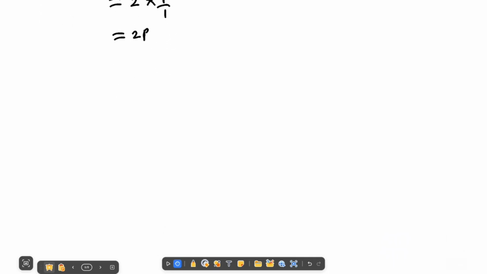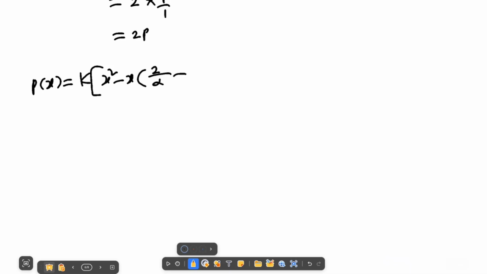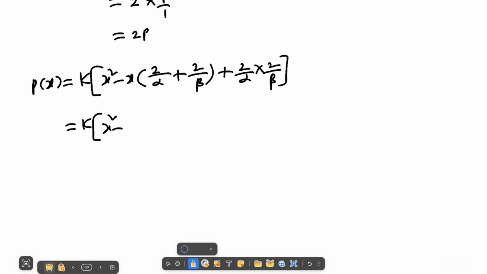So what is the formula to write the quadratic polynomial? P of x is equal to k, some constant, times x square minus x times the sum of the zeros, 2 by alpha plus 2 by beta, plus the product of zeros, 2 by alpha into 2 by beta. So k of x square minus x of the sum of the zeros, which we have already found as minus 2q, right?